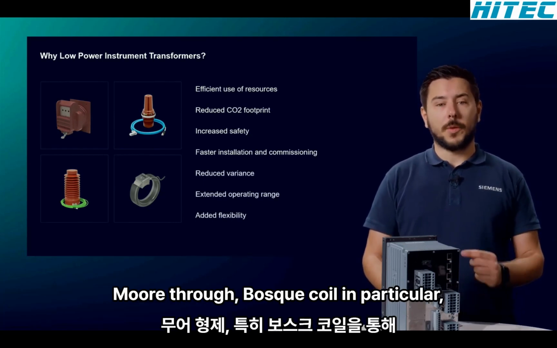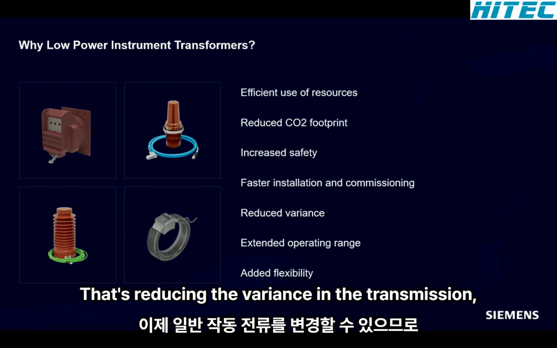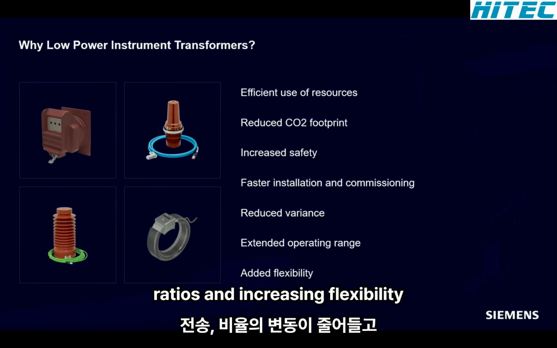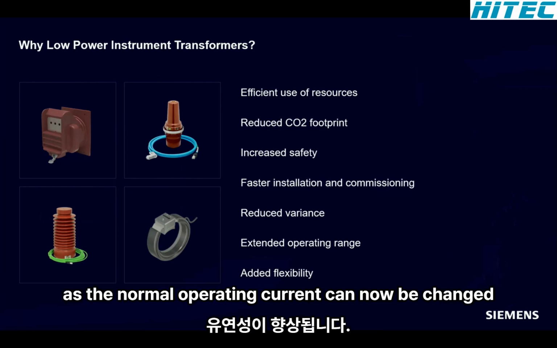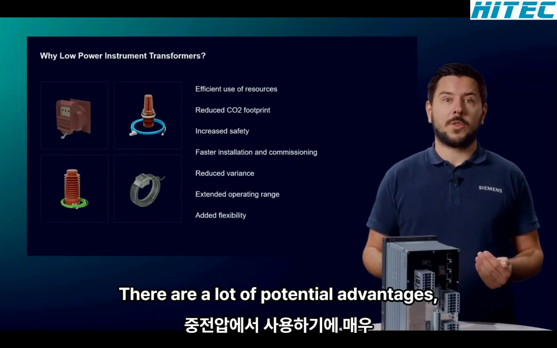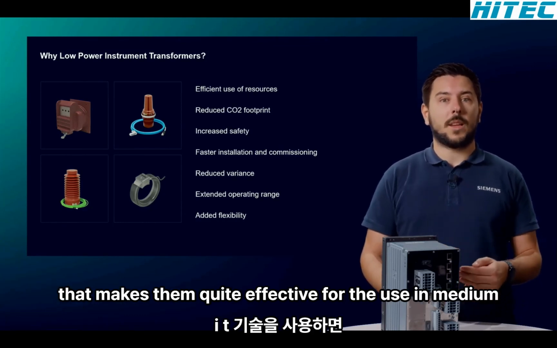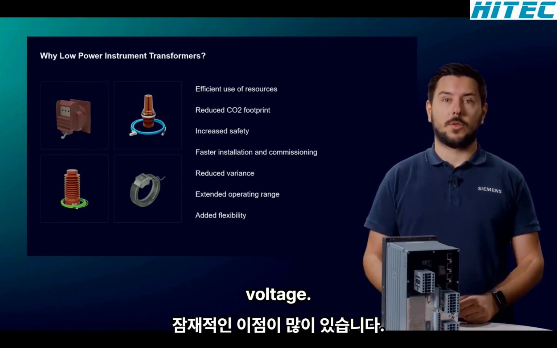Furthermore, the Rogowski coil in particular can be used for a significantly larger operating range, thus reducing the variance in the transmission ratios and increasing flexibility, as the nominal operating current can now be changed during the life cycle of a switchgear. So there are a lot of potential advantages coming with the LPIT technology that make them quite attractive for the use in medium voltage.